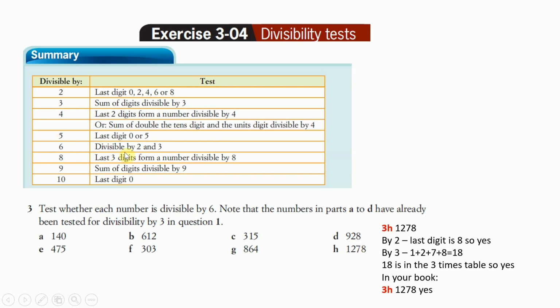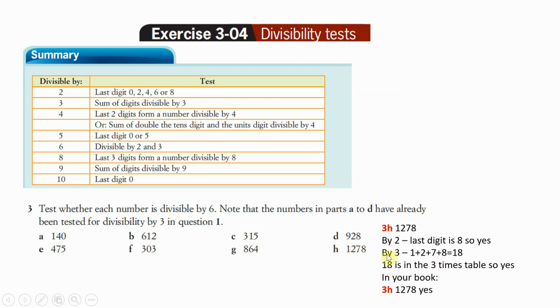Then for 6 we've also got to test whether it's divisible by 3. So for 3 we sum the digits. Let's add them up: 1 plus 2 plus 7 plus 8, that's 18. 18 is on the 3 times table because 3 times 6 is 18. So because the sum of the digits adds up to a number you can divide by 3, this number you can also divide by 3.